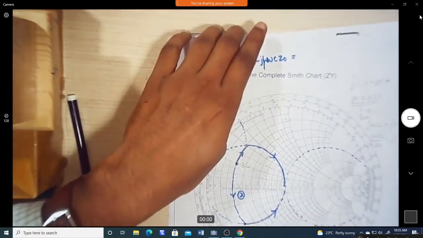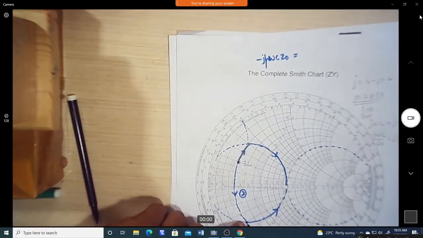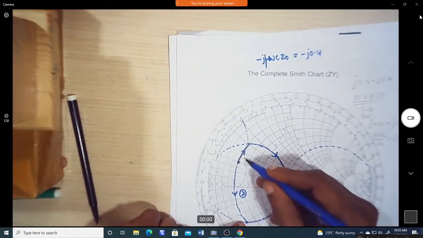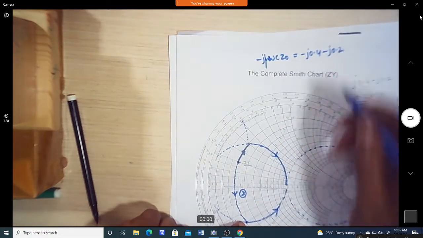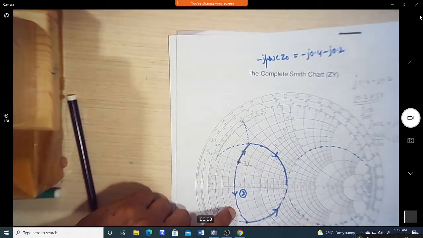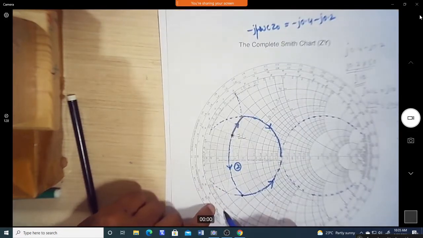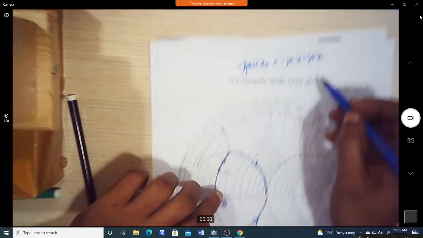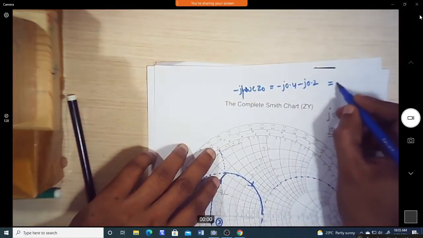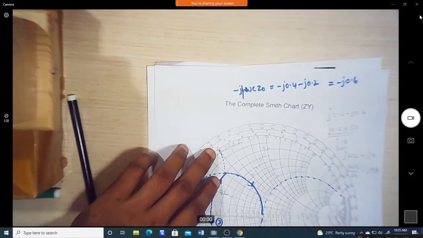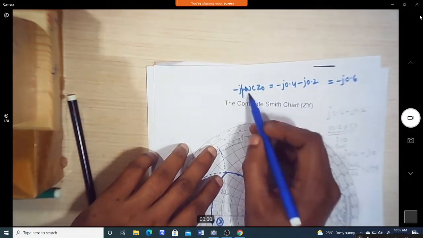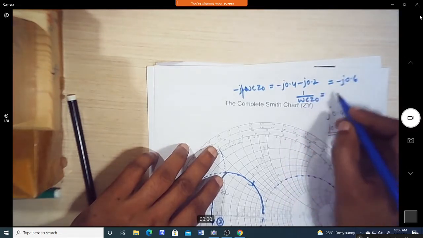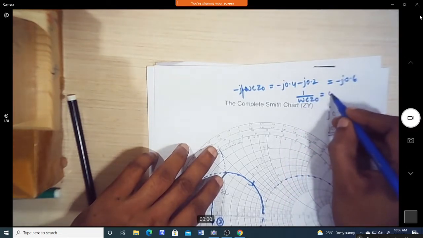Or we can have, here the value is minus j0.4, and minus of minus is plus j0.2, so minus j0.2. So we can write it as minus j0.6. You can equate this to this one. So we get 1 over omega C Z naught equal to 0.6.